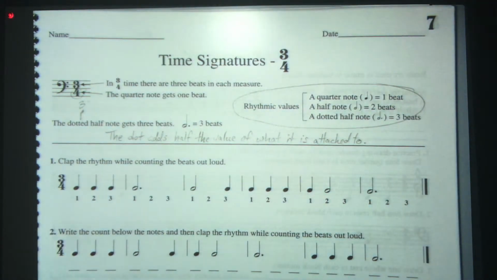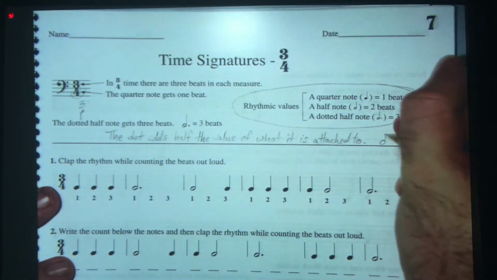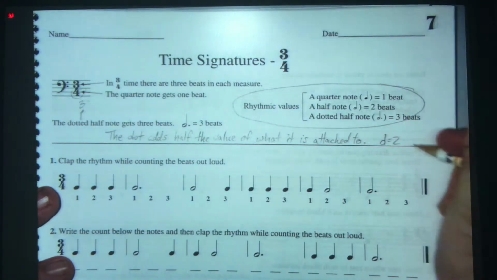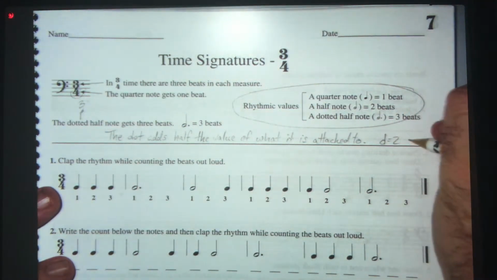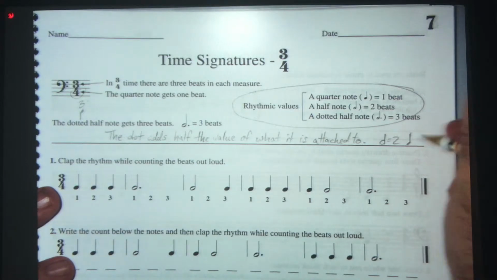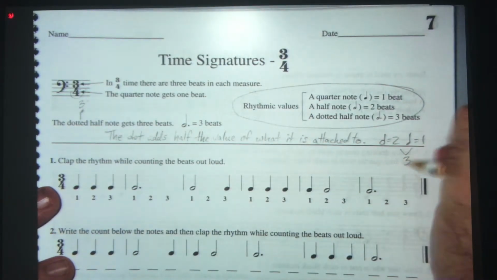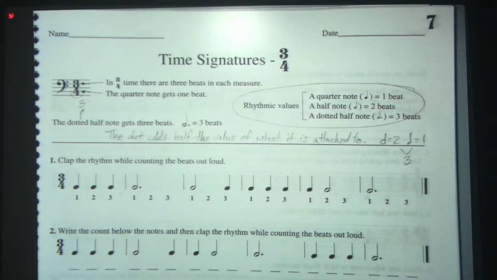So in other words, if a half note is worth 2 beats, half of a half note is a quarter note. You just add them together. 3. And that's a composer's way of making it easy for you to see that it gets 3 beats.